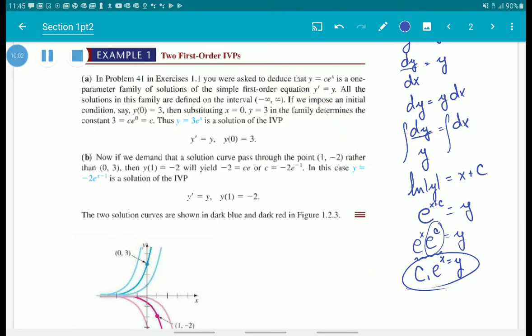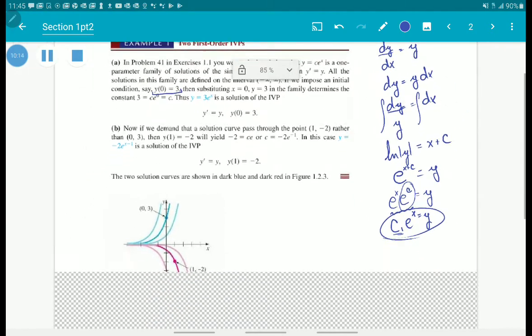Now, what if we were to impose a condition, say y of 0 is equal to 3? That's going to allow us to figure out what that constant of integration would be for that specific problem.